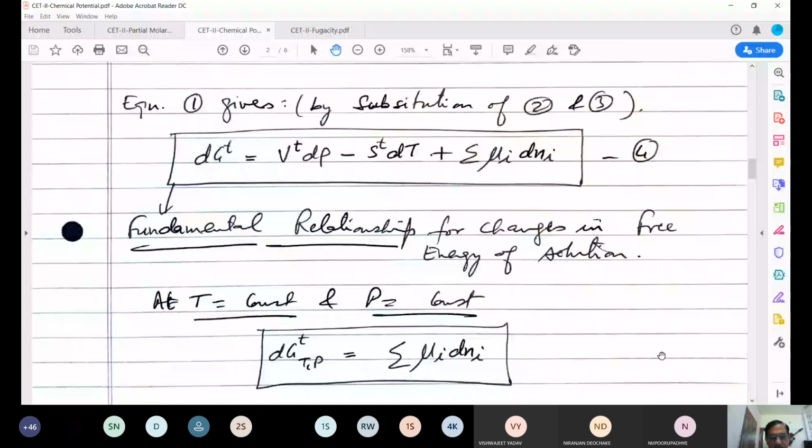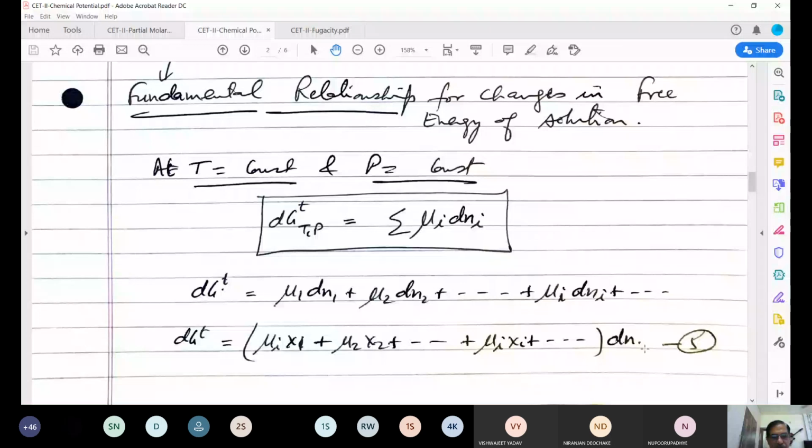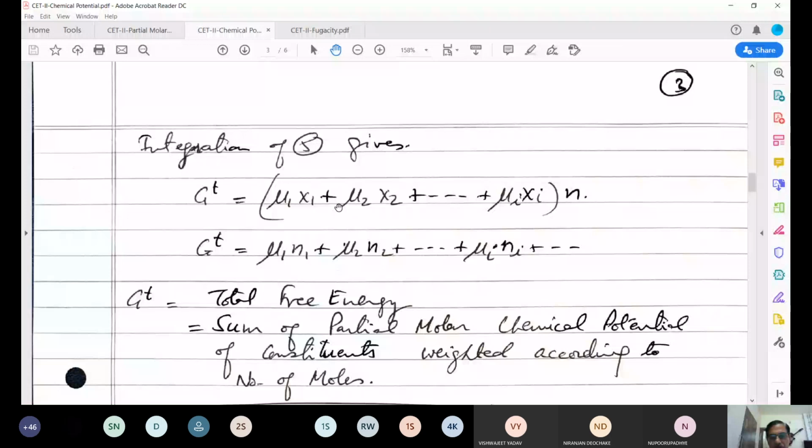So we are writing dn1 equal to x1 dn, dn2 equal to x2 dn, etc. So we can take dn common, and if we integrate this equation 5, we get G_T on the left hand side, and then mu1 x1 plus mu2 x2 into n, because dn will become n, or we can also write it as mu1 n1 plus mu2 n2 up to the I-th component.